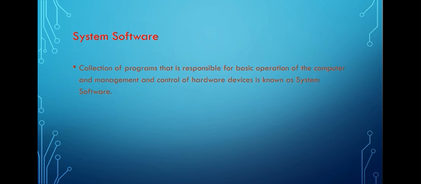Now system software, they do the basic operations of the computer. That means starting up of the computer, loading the desktop on the screen, and managing and controlling the hardware devices. So these type of softwares are called system softwares.